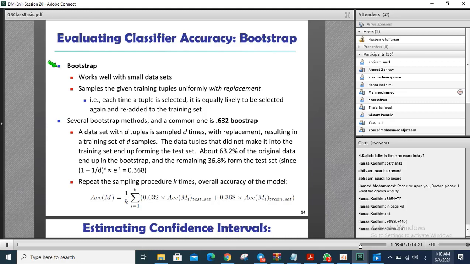It means that all of the records in my dataset have an equal chance of selection for being put in the training data set.